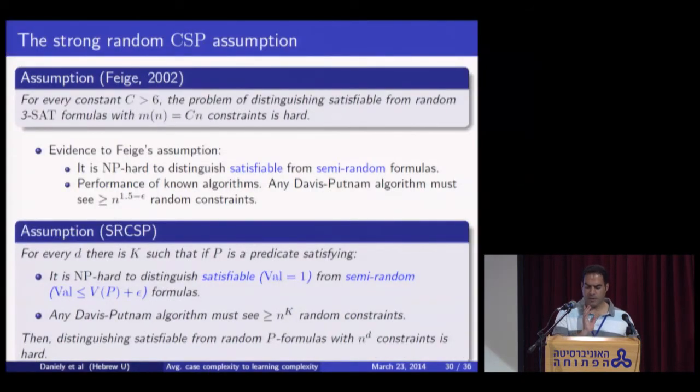D is a constant. The arity is k. No, I use k for something else; the arity is not mentioned in this assumption.